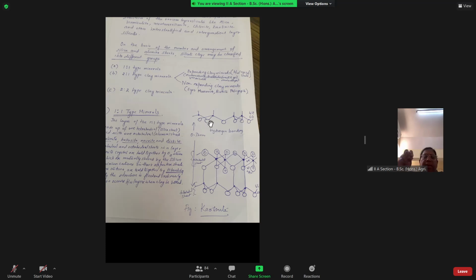Another example of this 2:1 type clay is vermiculite, mica; these are 2:1 type minerals. In this mineral, there is an octahedral sheet between two tetrahedral sheets, and it has a dioctahedral sheet with one trioctahedral sheet. Vermiculites are examples.